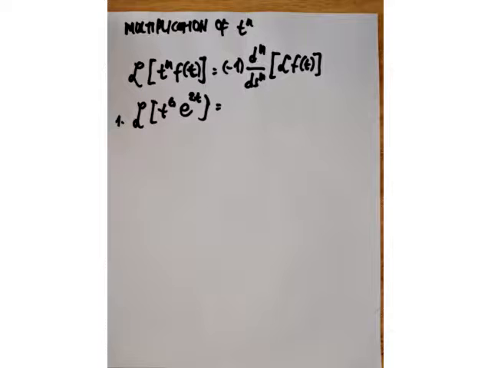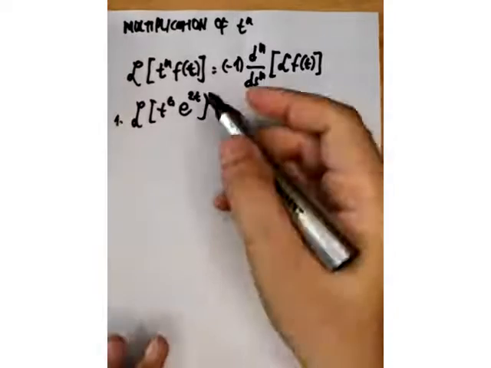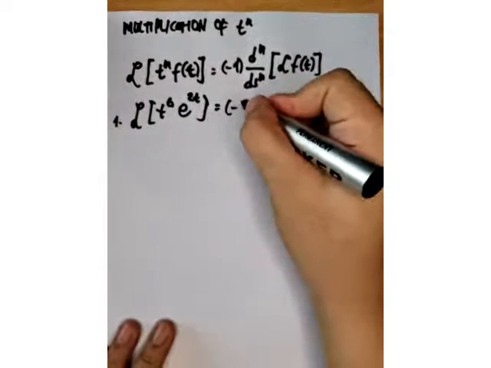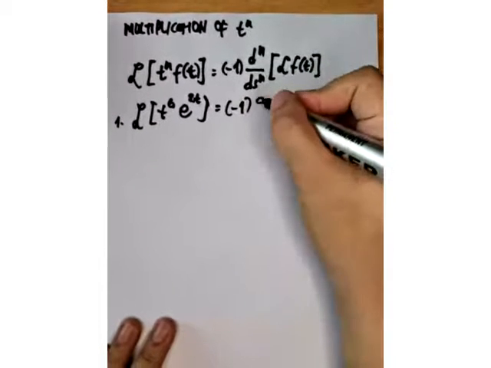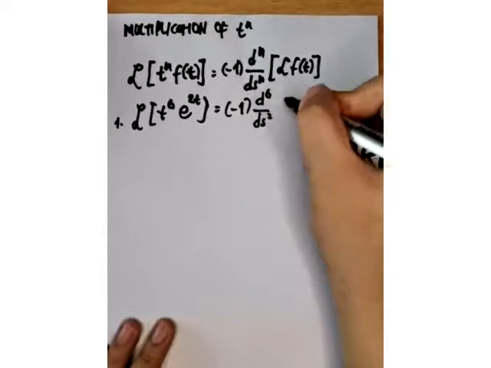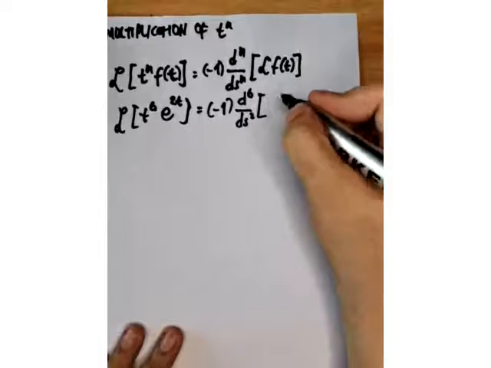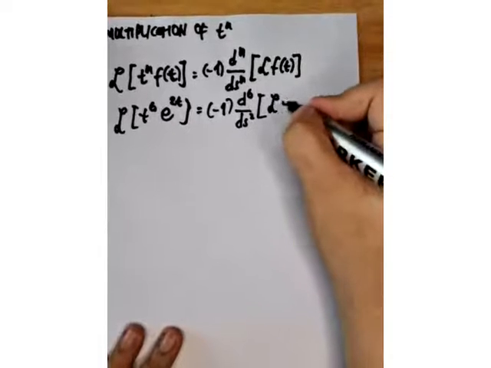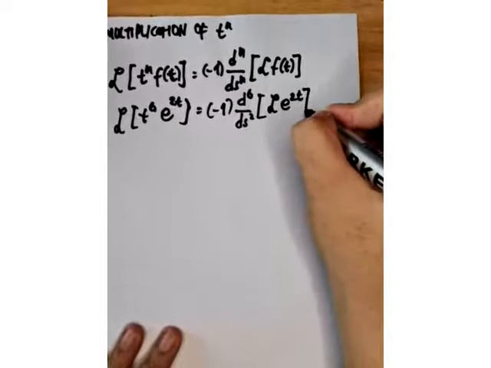But you saw that the shifting theorem is easier. But let's see, maybe you also like the multiplication of t^n. If you apply the formula, that's equal to negative 1 times the 6th derivative of the Laplace transform of e raised to 2t.